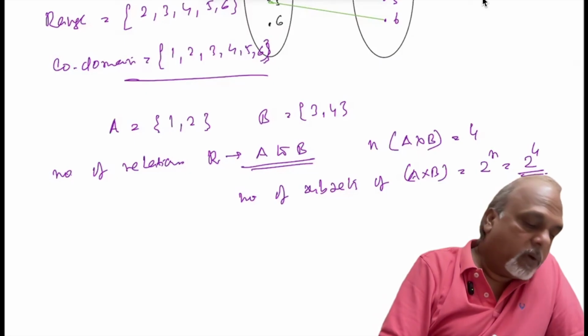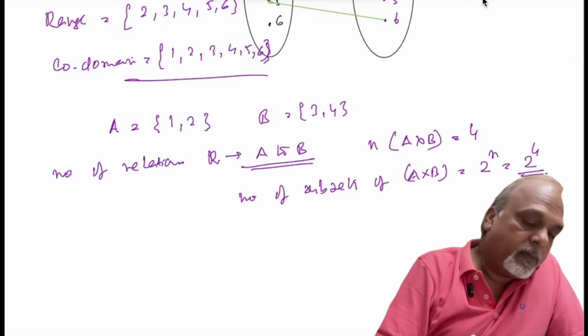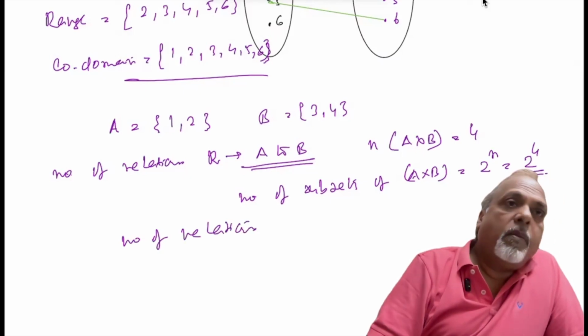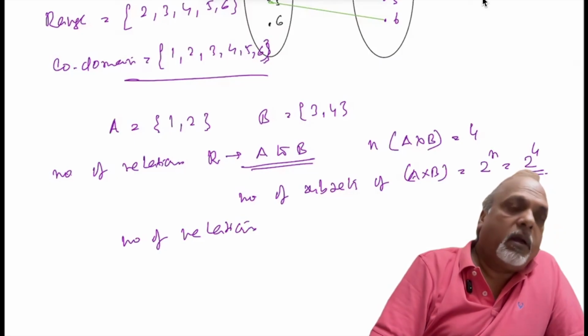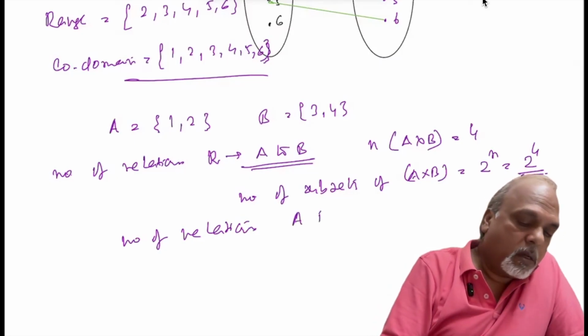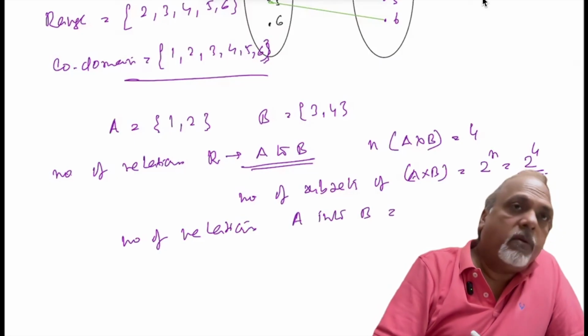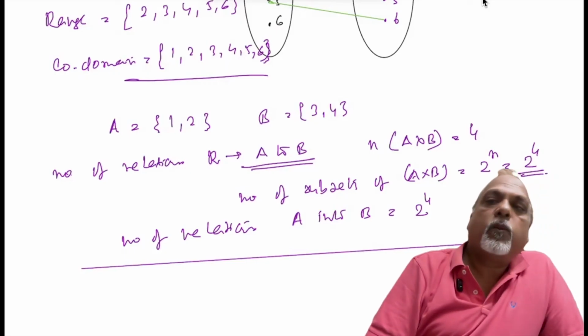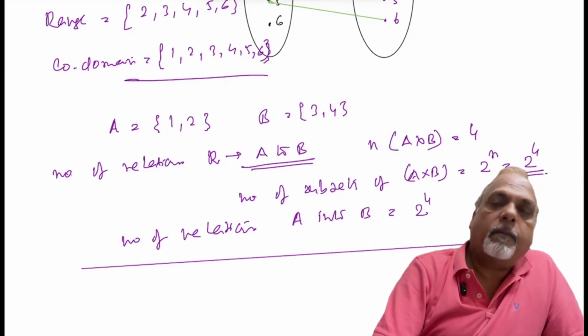So number of relations from A to B, A or A into B, that will be 2 raised to 4. So mind it. Correct?